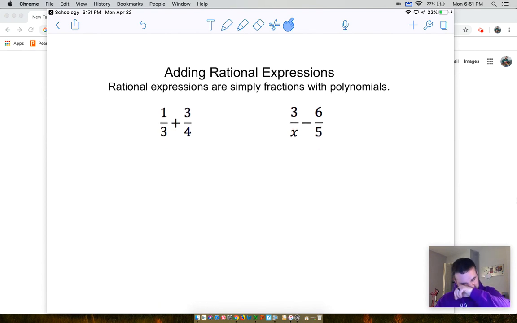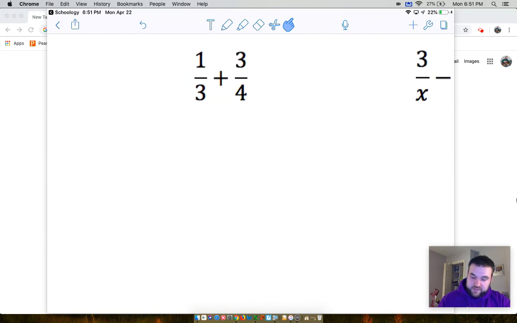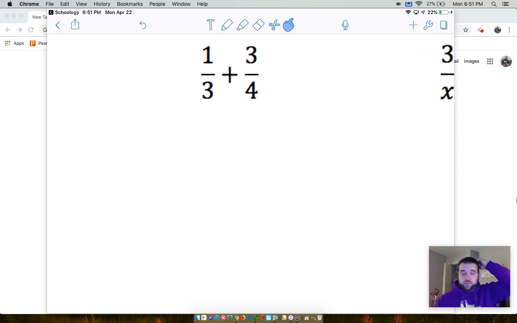Okay, so just to recap, when you are adding fractions, we need a common denominator. The calculator will actually do this for us, but we're going to have to go back to adding by hand here. So I need 3 and 4. I need these denominators to be the same number. So my thought is, what do 3 and 4 both go into? What number are 3 and 4 both a factor of? And that's 12.